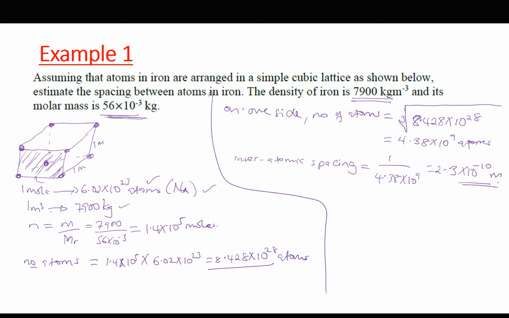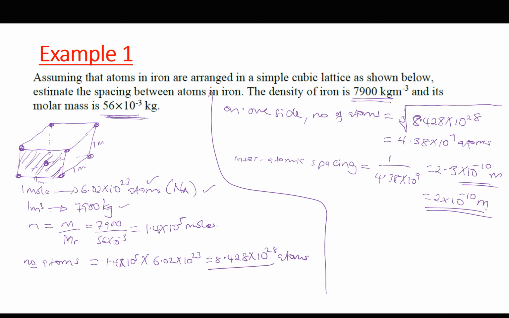Therefore, I can't give this estimate to many significant figures as we saw in AS. So I can simply say that the interatomic spacing is approximately 2.0 times 10 power negative 10 meters. Since it is just an estimate, I minimize the number of significant figures.